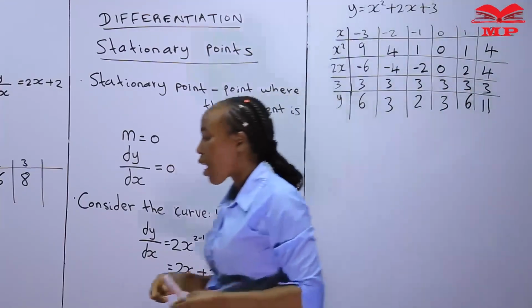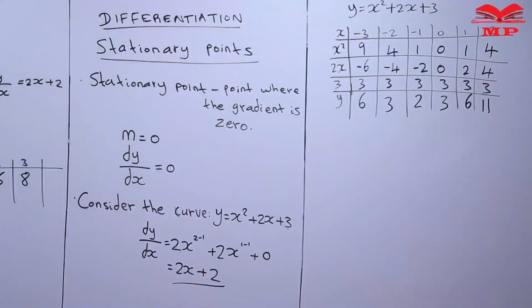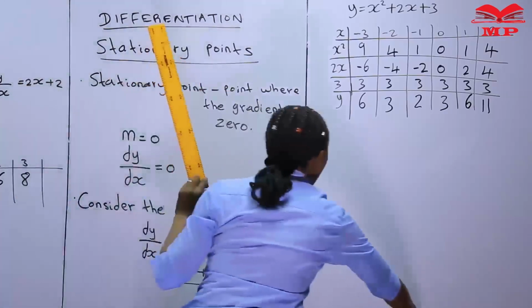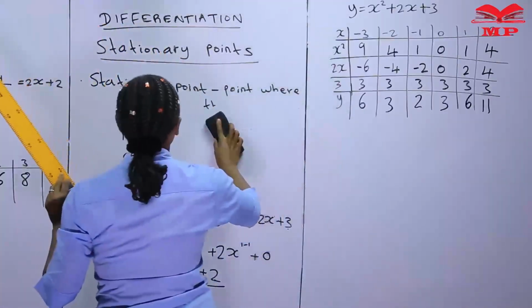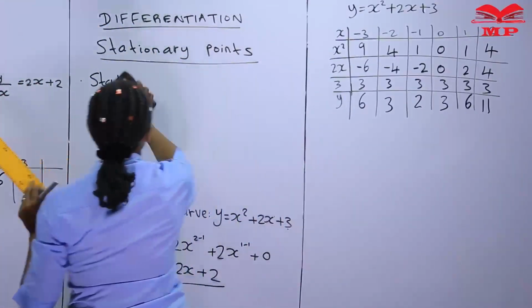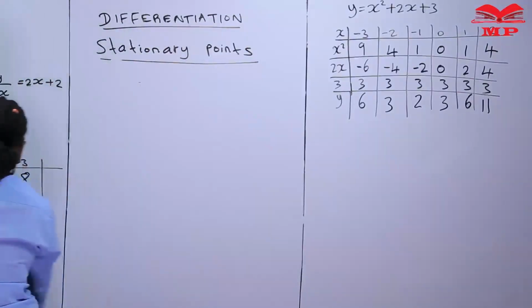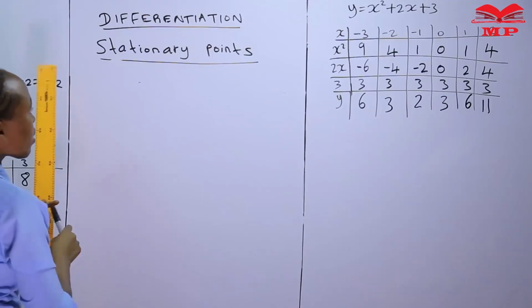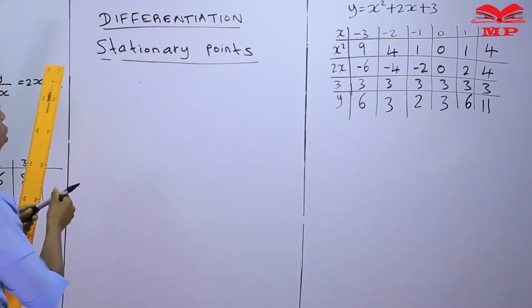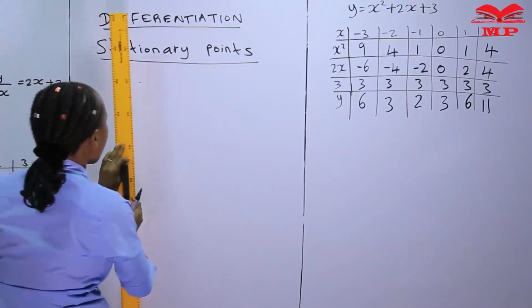Then I want us to have that curve so that we can see what is happening, and then we are able to determine the nature. We'll be able to get the nature of the stationary point. So we plot that curve, x from negative 3 to 2, while for y we have only the positive sign.